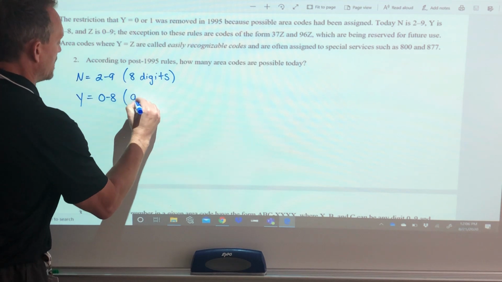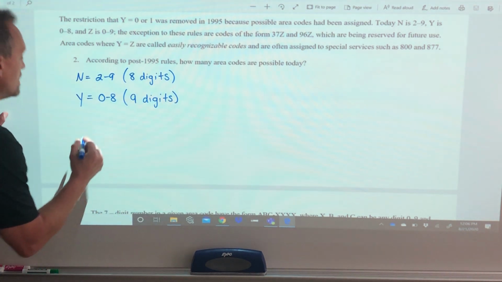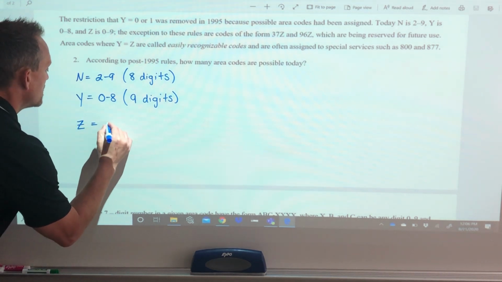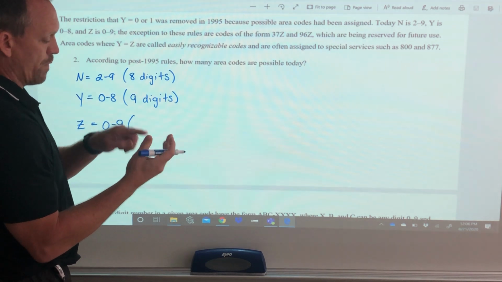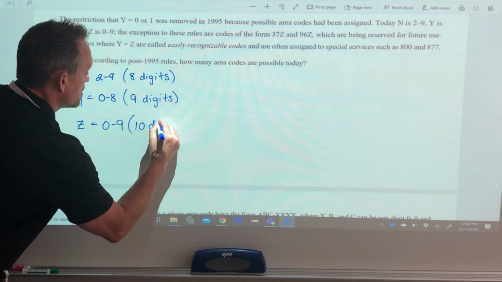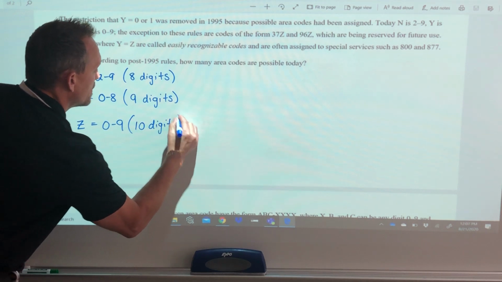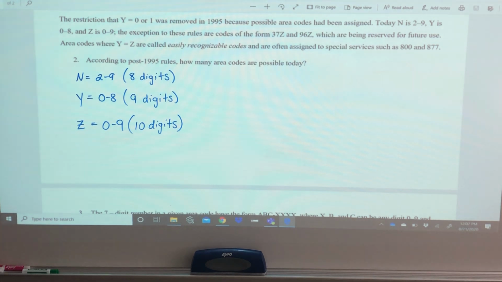That's 9 digits. Z, 0 through 9: 0, 1, 2, 3, 4, 5, 6, 7, 8, 9. 10 digits. So those are our breakdown of our digits.